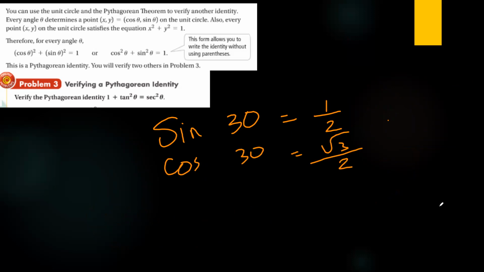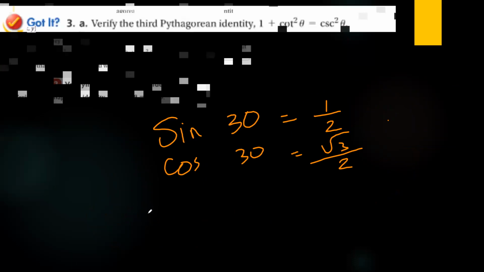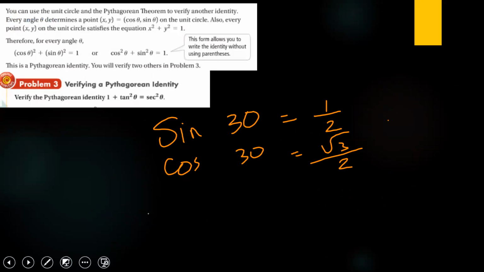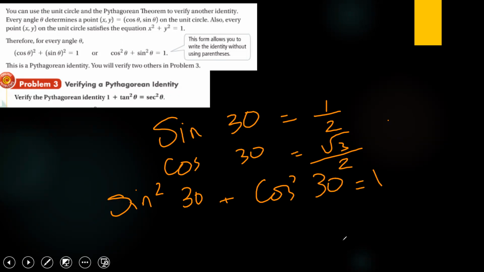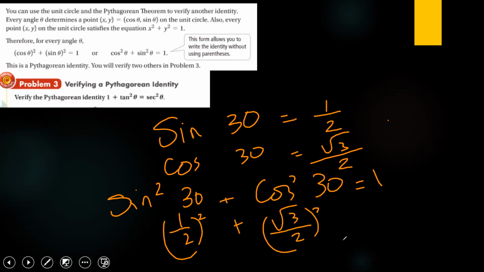Now, this identity tells me that if you add sine squared of 30 plus cosine squared of 30, you must get 1. Sine squared of 30 is half squared, plus square root of 3 over 2 squared. Is it equal to 1?